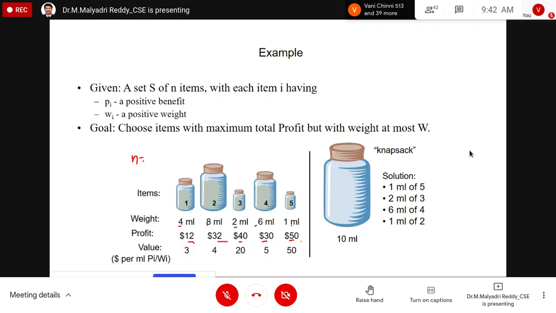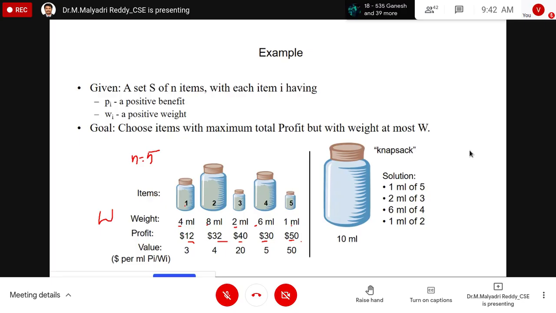Given a set of items, each item has a weight and a profit. Total 5 objects are available, right? Yes, sir. Its weights are 4 ml, 8 ml, 2 ml, 6 ml, and 1 ml. Next, profits: 12, 32.